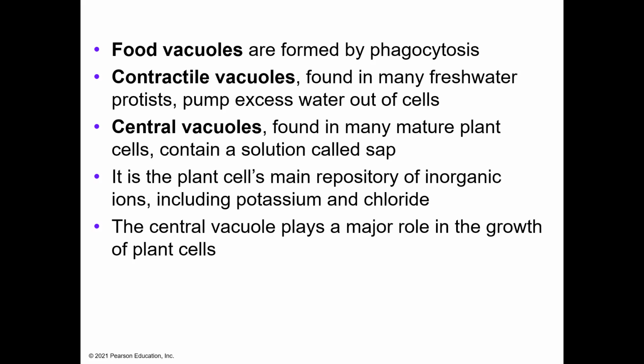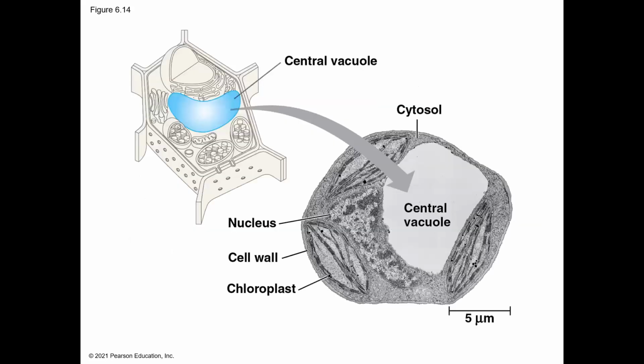Yes, so central vacuoles are very important because they allow for the storage of many different things. They could be pigment. You ever wonder why flowers are the different colors that they are? It's because the central vacuole is very large and it's filled with many different things, sometimes pigments, which will give plants and flowers their very pretty colors.